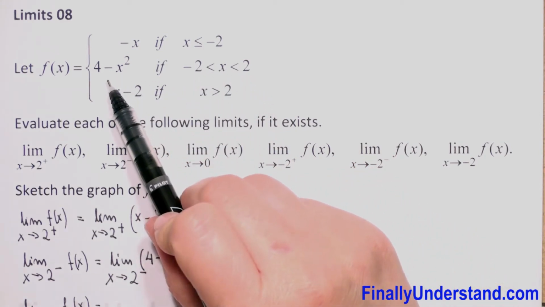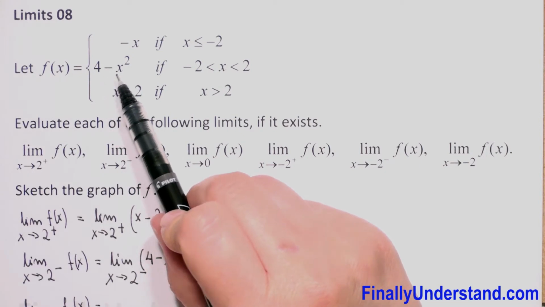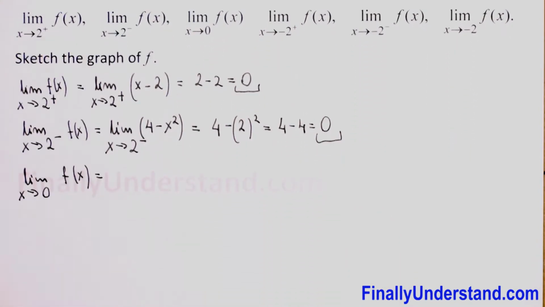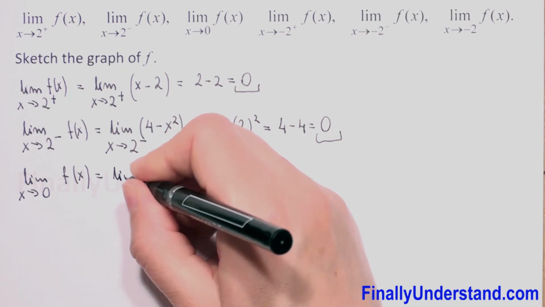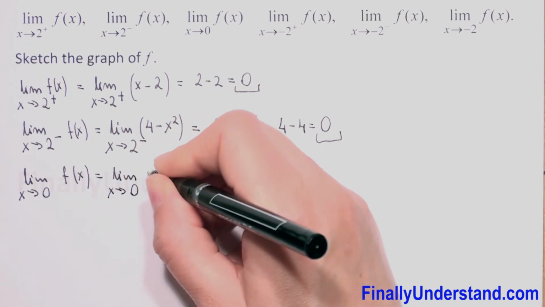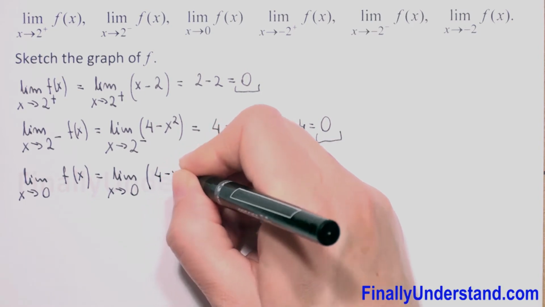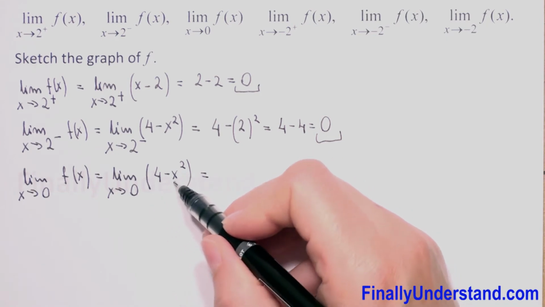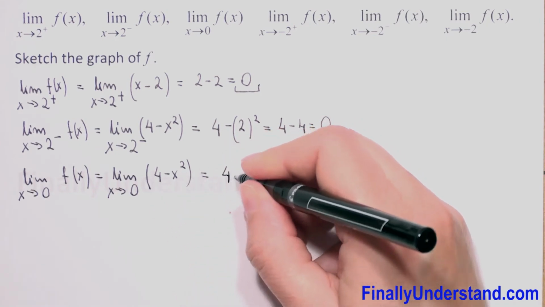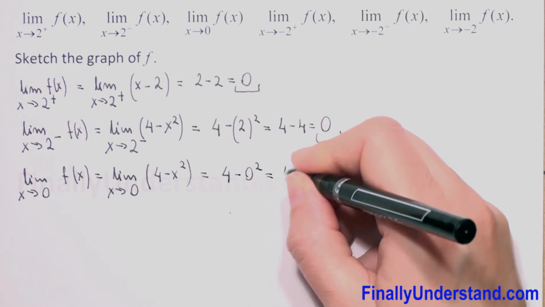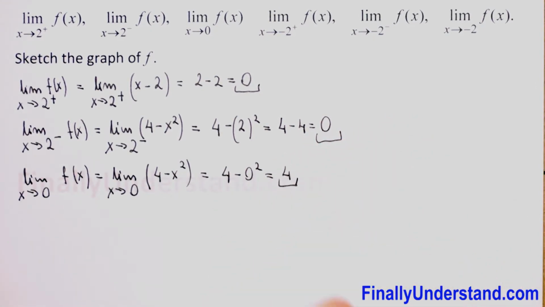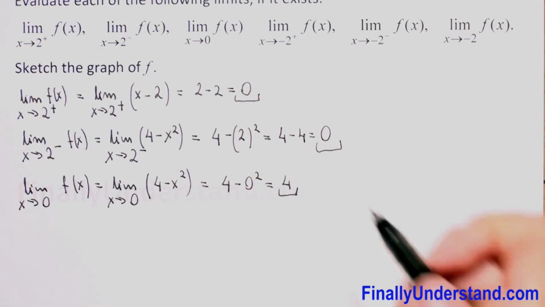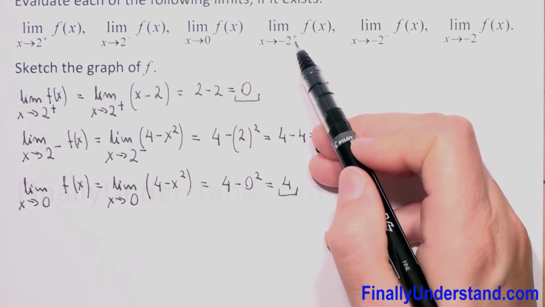So I will replace our function f by 4 minus x squared. So we have to calculate the limit as x approaches 0 of 4 minus x squared. Now, because I have subtraction and power, I can replace x by 0, so it will be 4 minus 0 squared, so this is 4. We have the third limit.